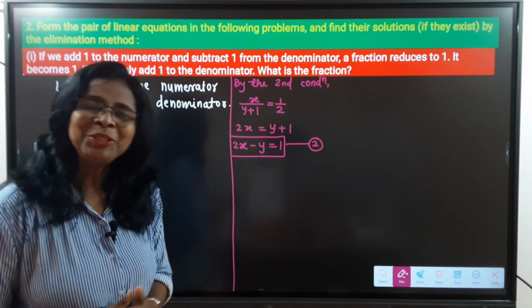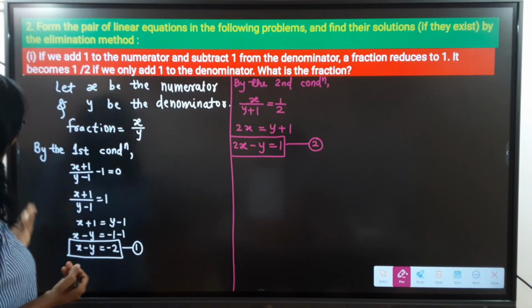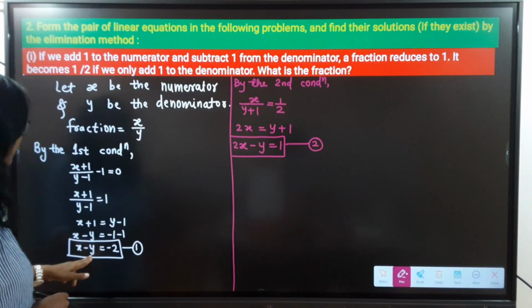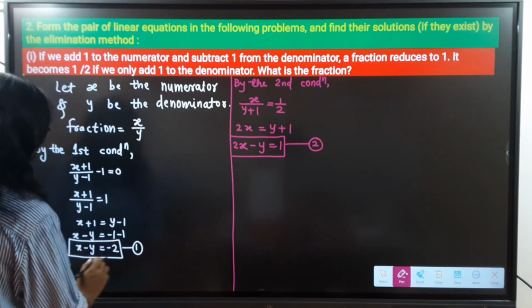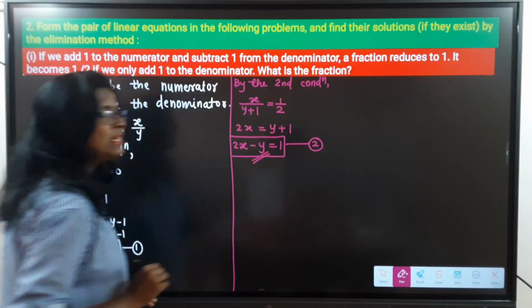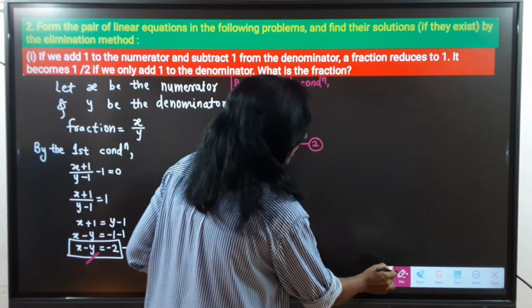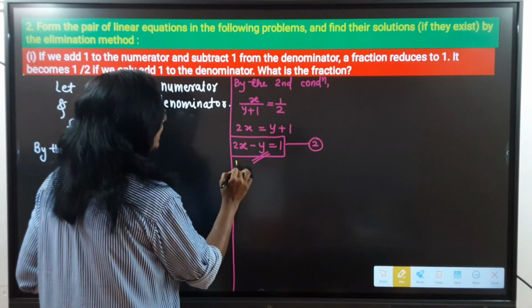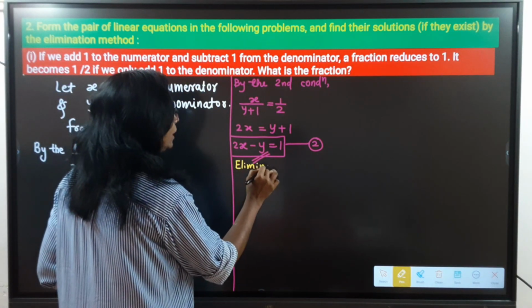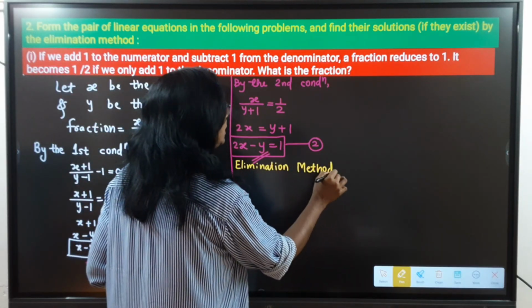Okay, now here we have the two equations, students. Now we can solve it by the elimination method. And for elimination method here, students, in the equation 1 and in the equation 2, see here the y is minus y, here is minus y, and that means here, students, I subtract these two equations. Okay, students, so here I say that elimination method, I apply the elimination to solve this equation.